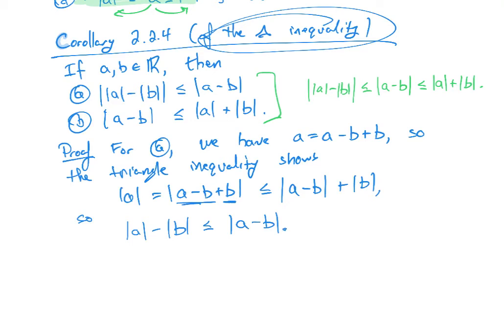Okay. Now, that's not all we wanted to prove. We want to prove it with an absolute value around that thing. Oops, I highlighted the wrong thing. We want it with an absolute value around that thing.